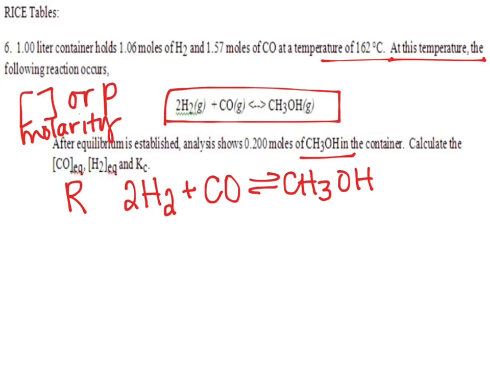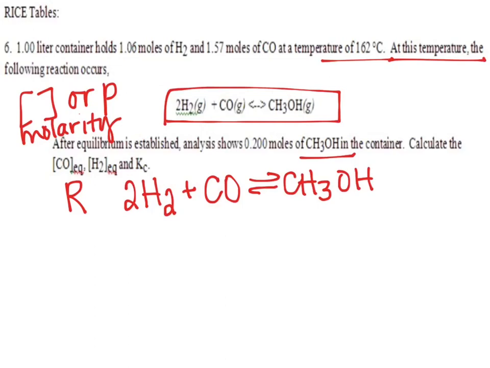ICE tables, you can't use them for solids. If there's a solid present, then it's not part of the table. You write it down and you just exit out. So gases. All right, so we need to find concentrations at equilibrium.